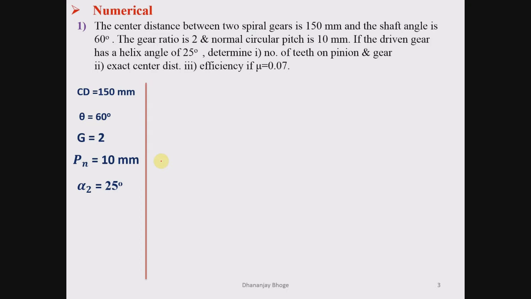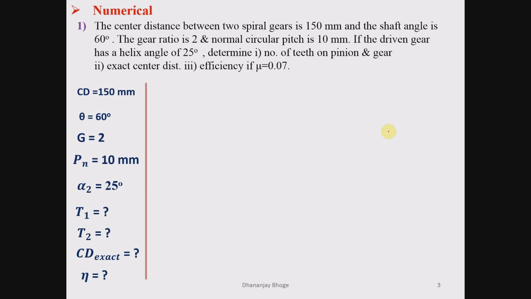What do we call the driven gear? Member 2. So alpha 2 is the helix angle of driven gear, which is 25 degrees. From this we have to determine the number of teeth on pinion or driving gear and the number of teeth on driven gear. Then we will find the exact center distance and efficiency when the coefficient of friction is 0.07.